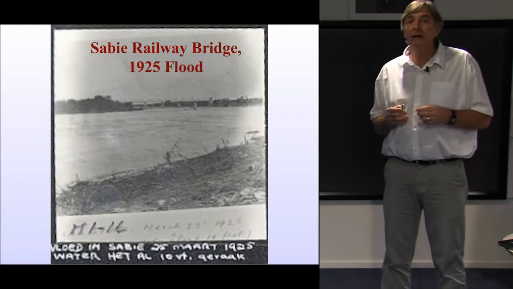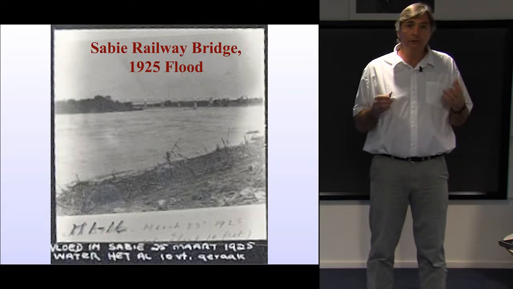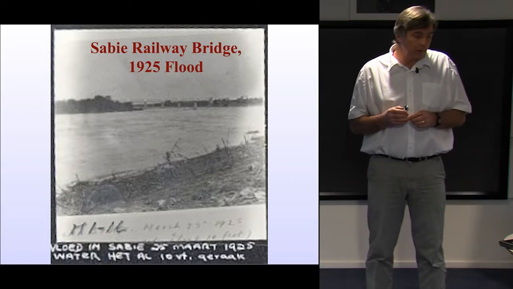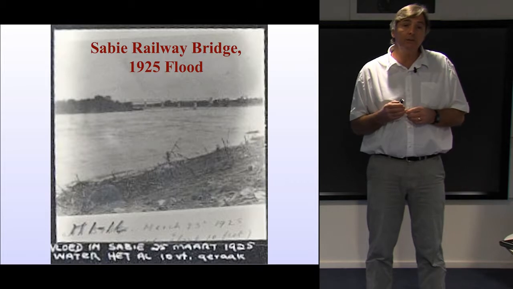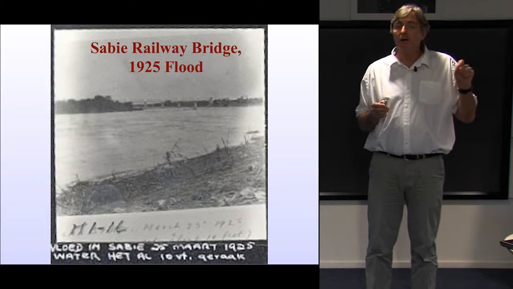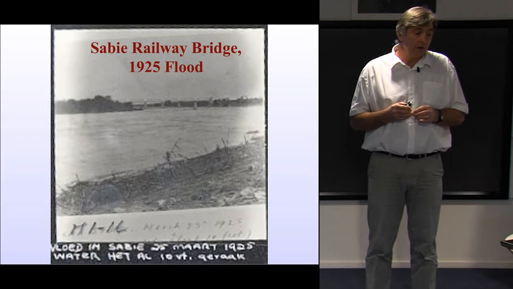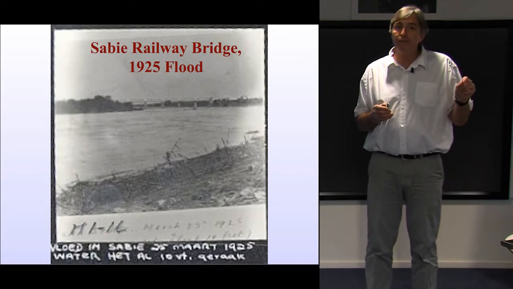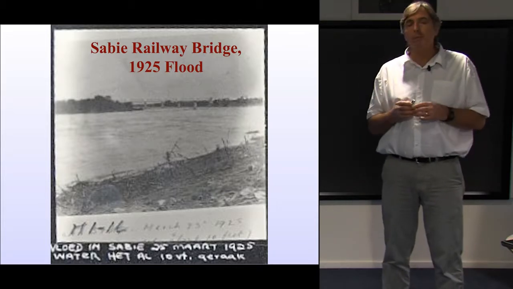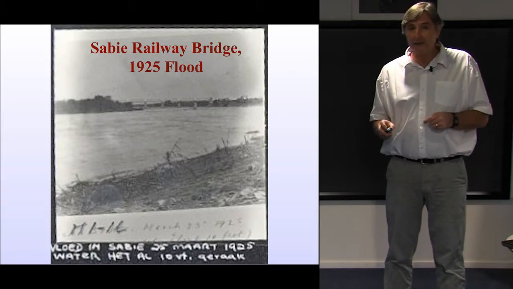You can see in the foreground the bare riparian zone, and the widened river channel. And this was very interesting because the then warden of the Kruger National Park, the first warden, Colonel Stevenson Hamilton, had in fact gone onto the railway bridge after the flood and marked where the flood went up to. So we had some indication of the magnitude of that flood. And in fact, this 1925 flood went about a metre higher than the 2000 flood, so was probably a little bit larger. But the 2000 flood was of the same sort of magnitude.